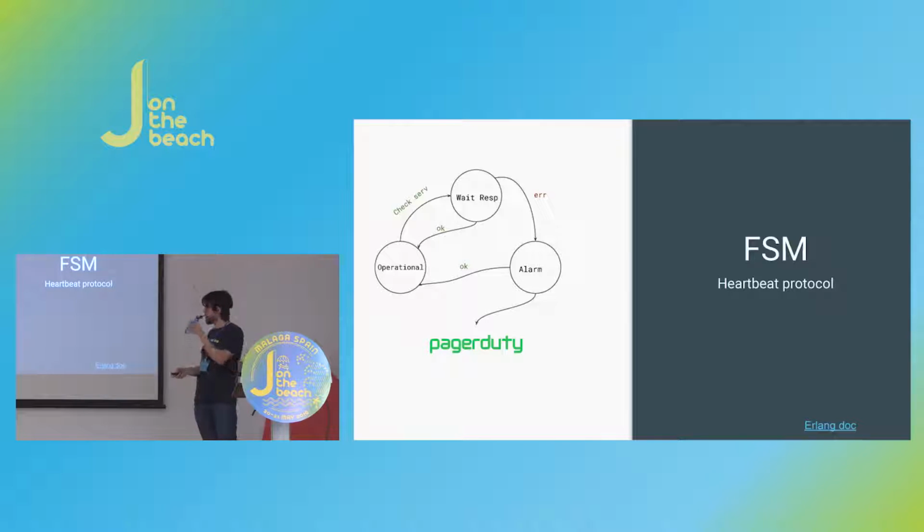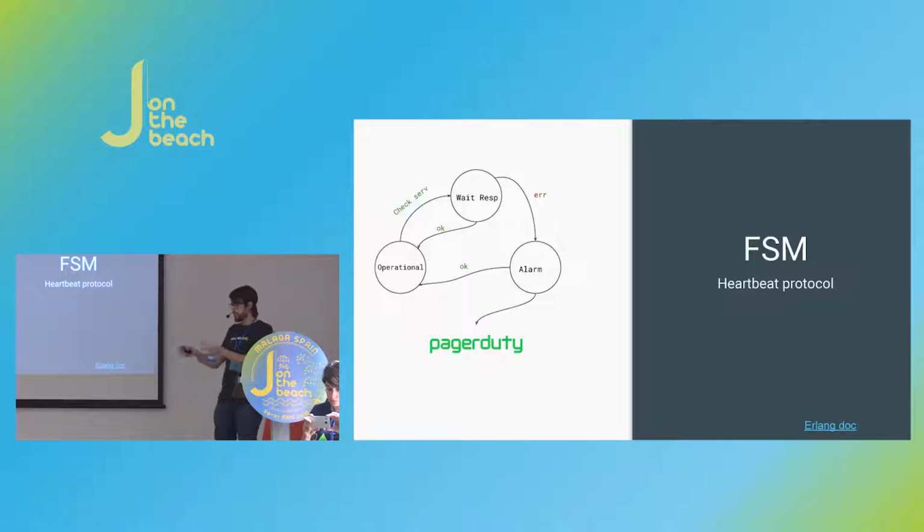also model things like finite state machines. This is where the property that an actor can change its behavior during runtime plays a big role. Let's imagine that we want to implement a very simple heartbeat protocol on an actor.